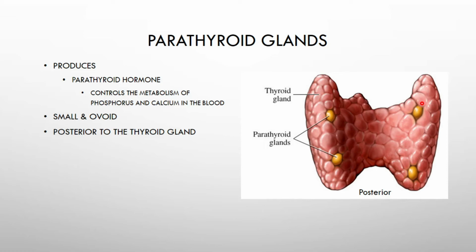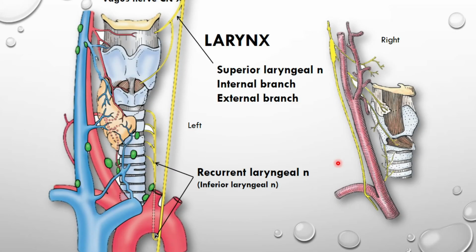So what can happen is your parathyroid glands will be in the general region of where you would usually expect to find them, and your thyroid gland might not be there, or something to that effect. So as I said, there's usually 4 of them. You usually have 2 superior ones and 2 inferior ones. So they usually sit on the posterior aspect of the lobes on the right and left of the thyroid gland.